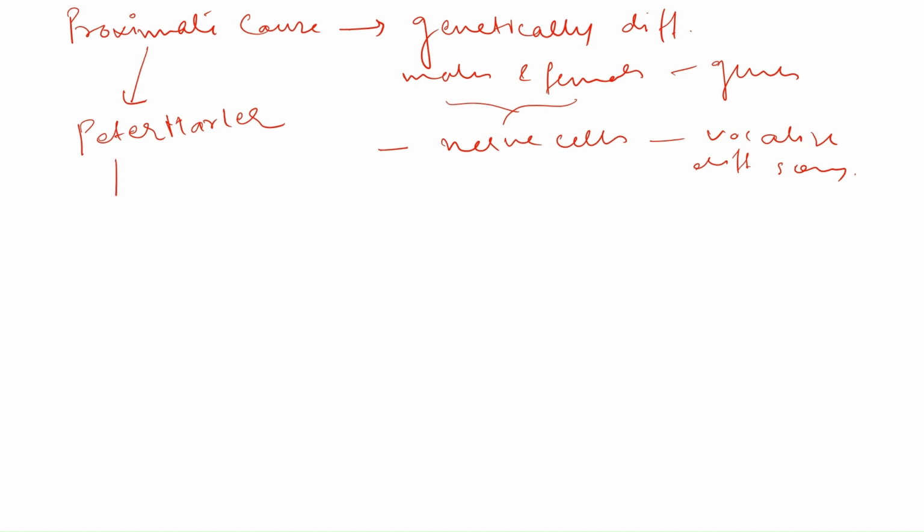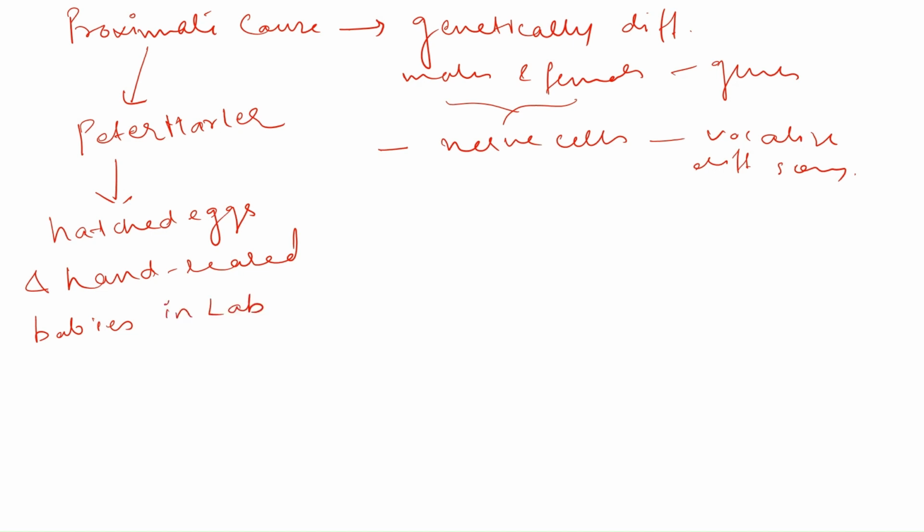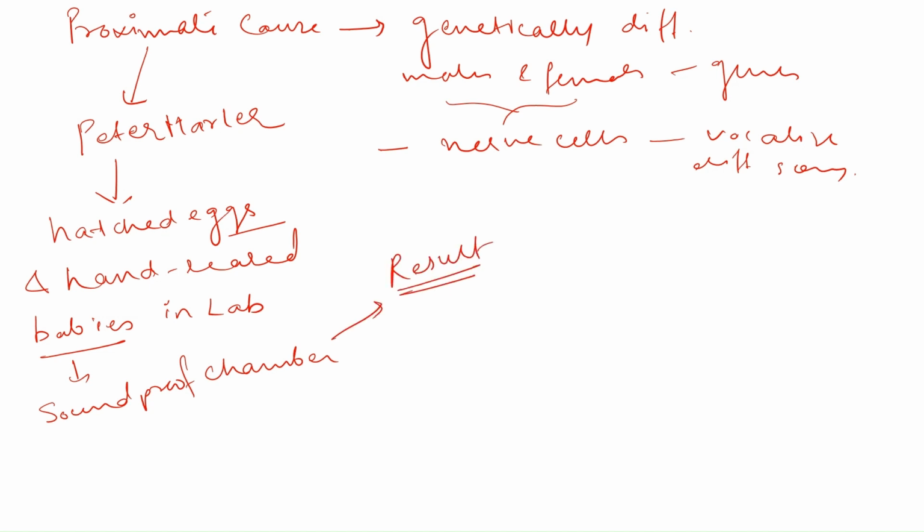What they did is they collected eggs of white-crowned sparrows, hatched them, and hand-reared the babies in the laboratory in a soundproof chamber. The result obtained was that these young sparrows began singing, but their song was different from the wild sparrow.